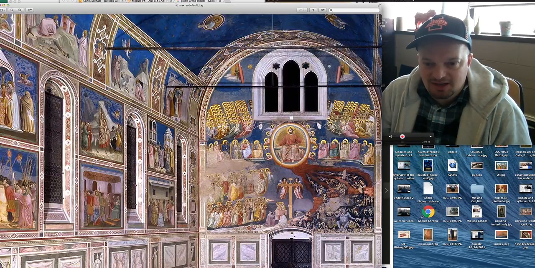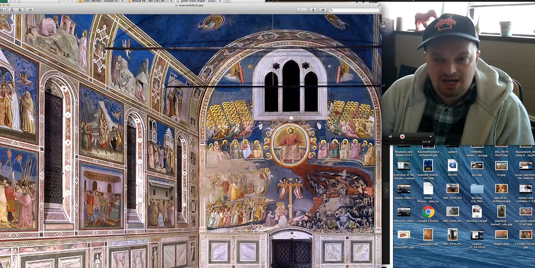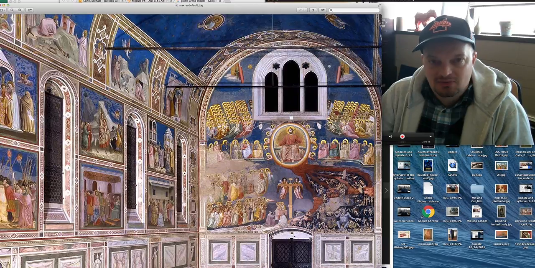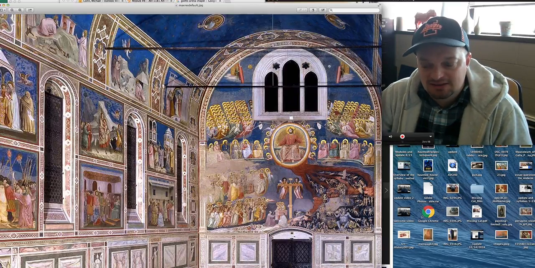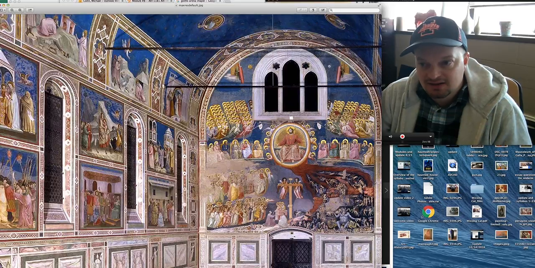What's unique about Giotto's painting is he starts to break away from Byzantine style painting techniques and stylistic tendencies of flattened space and floating characters. He begins to experiment with layering and more realistic proportions.